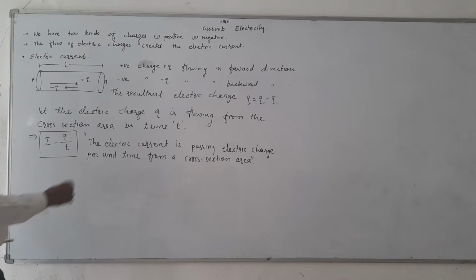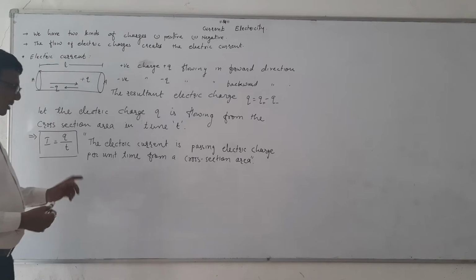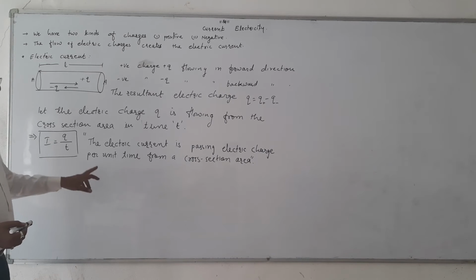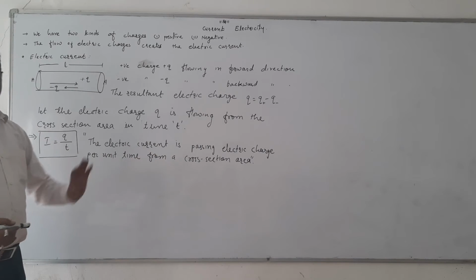Or, the electric charge passing from a cross section area per unit time is called electric current.